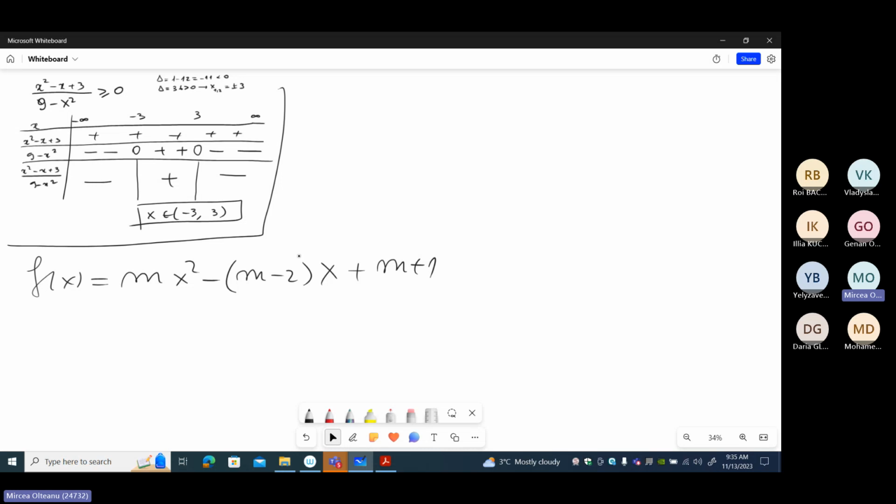The coefficients depend on some parameter. M is also called a parameter. So here I write the coefficients: a is m, b is minus m minus 2, and c is m plus 1. This time the coefficients depend on a parameter m, which is a real number.